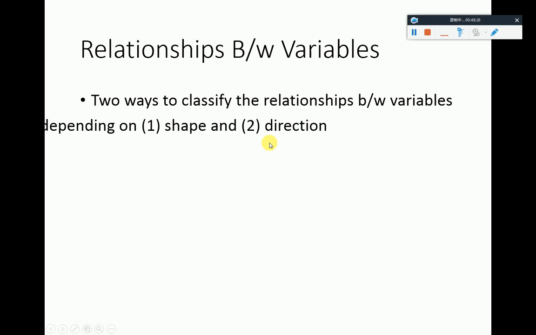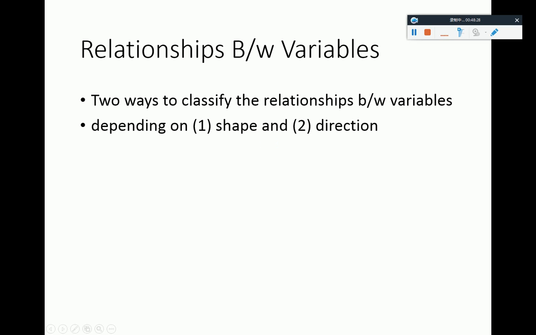First of all, to keep everything simple, we now only consider situations that have two variables.